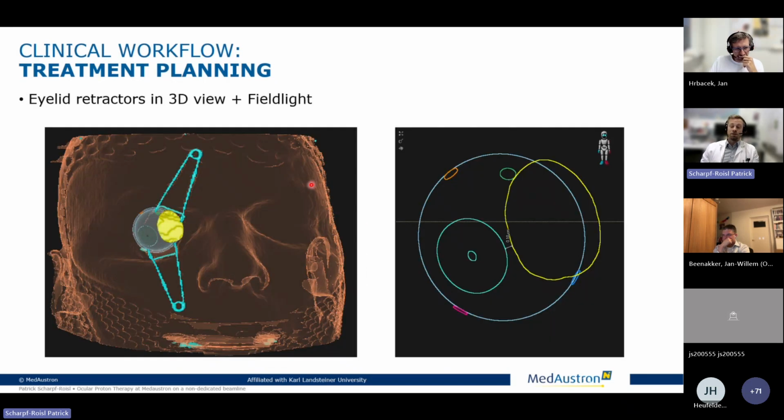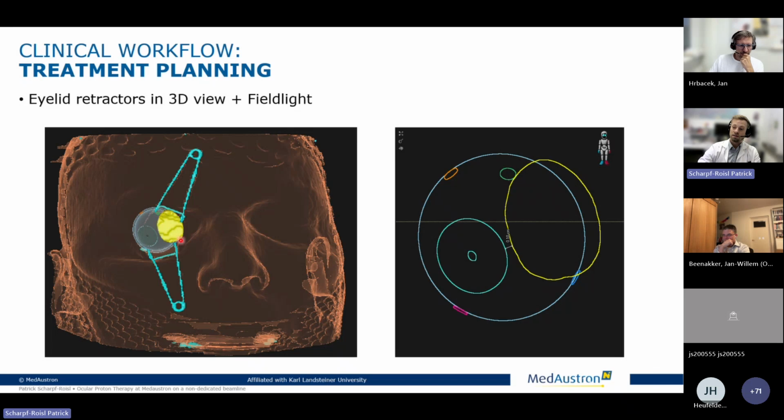An advantage of using the RayStation system is that we can also utilize any other functionalities within RayStation that are used in image-based treatment planning, like creating a 3D structure. This patient structure, for example, we also create already for the immobilization. So we have knowledge on where to position eyelid retractors. We also get this information from the planning phase from the CT, which we can transfer to the room to tell them, okay, during the CT acquisition, the eyelid retractors were in this position.